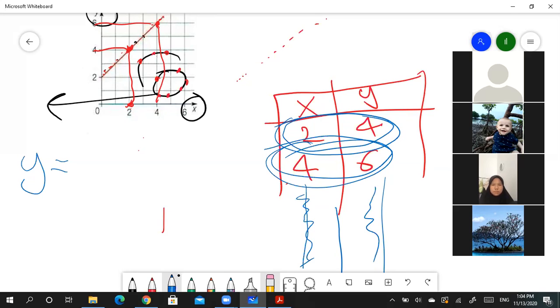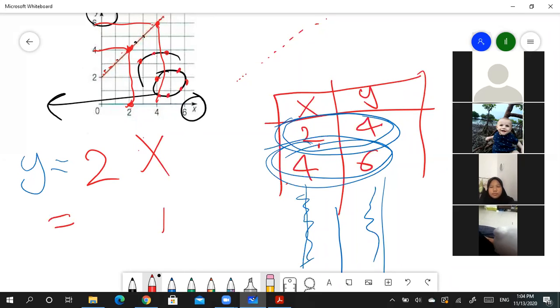But here, it's not a problem. We can do it like this, and we can say y equals 2x, right? So when x was 2, 2 times 2, y was 4.